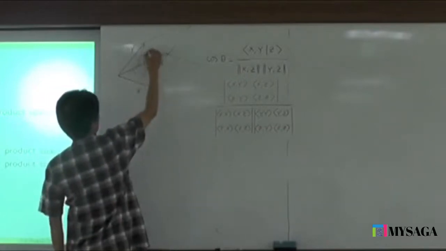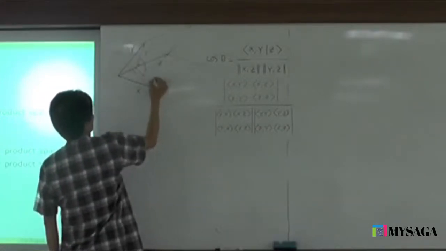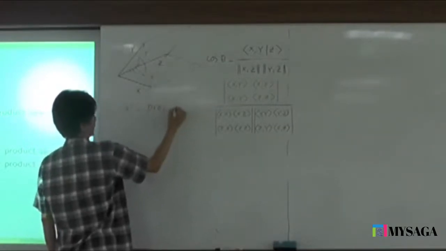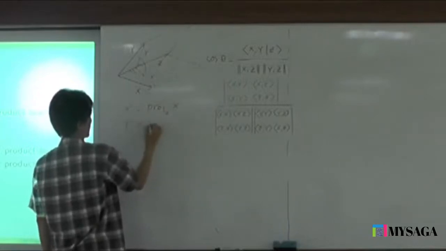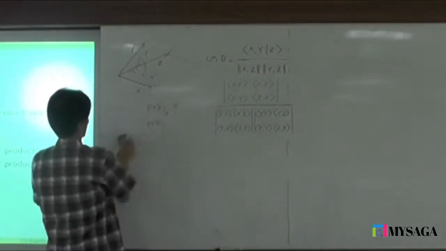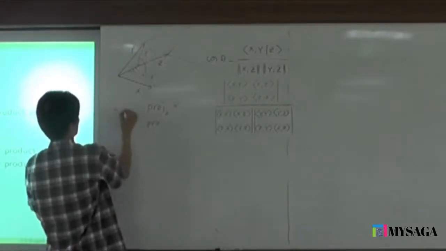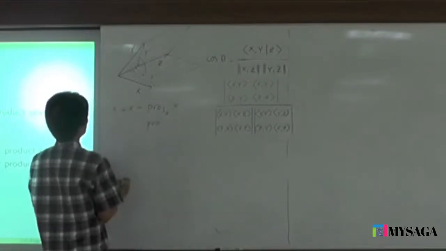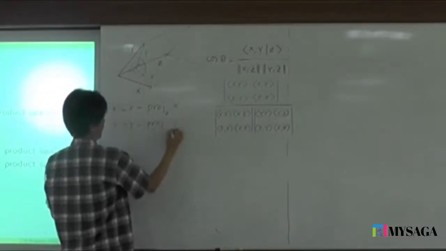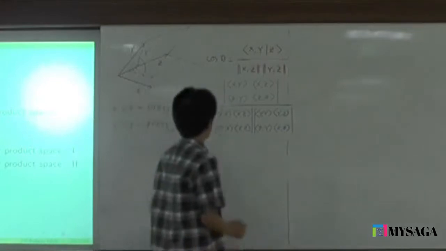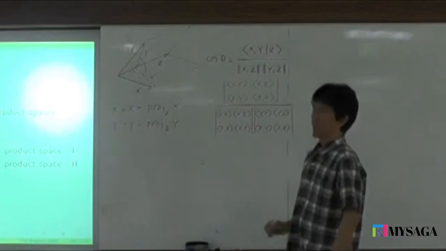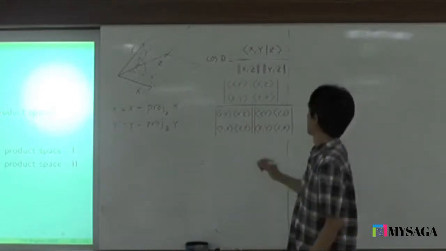If I call this vector y prime and this is x prime, so x prime is the projection of x on z, and y prime is the projection. Complements. So x prime is x minus projection, right? And y prime is y minus the projection of y on z. So if we keep that in mind, then we do the elementary row operation.